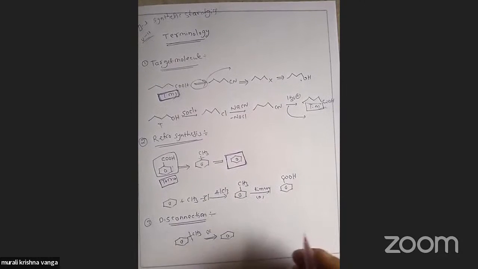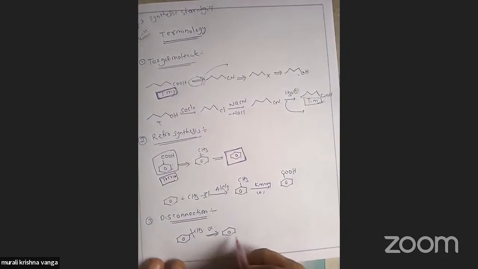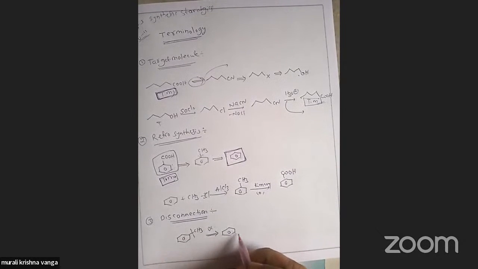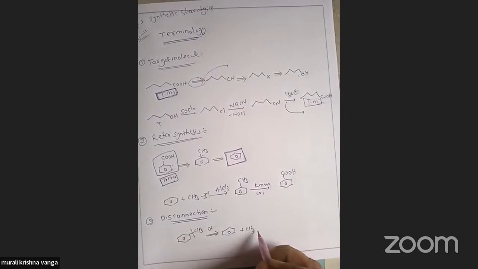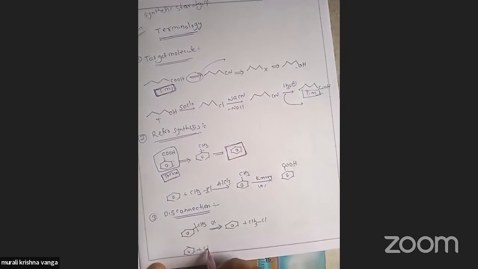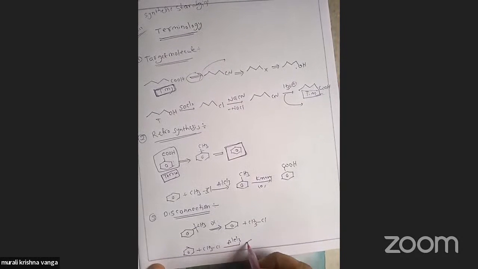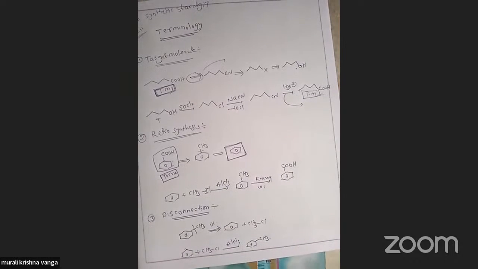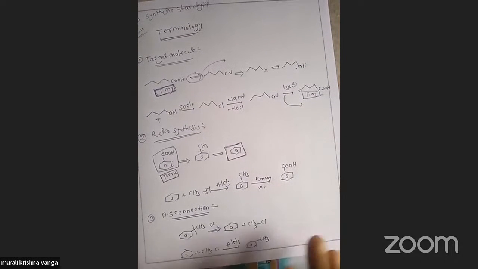Here the bond is broken, and it gives benzene and methyl chloride. Simple synthesis is when this benzene reacts with methyl chloride in presence of AlCl3, it gives toluene. That is a disconnection.